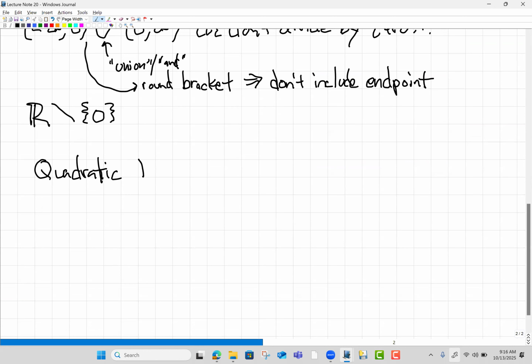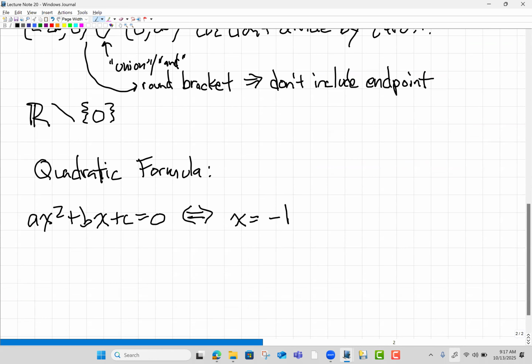It states that if you have a quadratic equation with one variable and you put it in that form where everything is equal to nothing, this equation can be written like this. Negative b plus or minus the square root of b squared minus 4ac, everything divided by 2a.